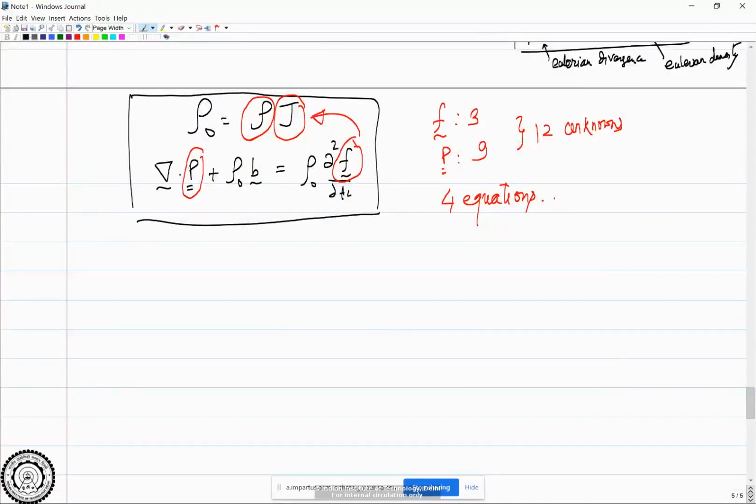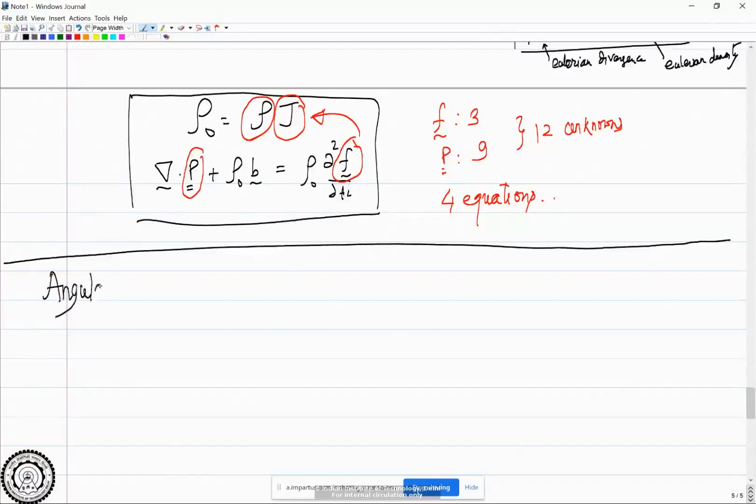But I'm not going to derive it. I'll give it to you as an assignment. But you will see that it is only a little bit more difficult, not so much. So angular momentum balance is also there. So just like linear momentum balance, this is going to also hold for any volume of the body. So we'll call it AMB in short form.